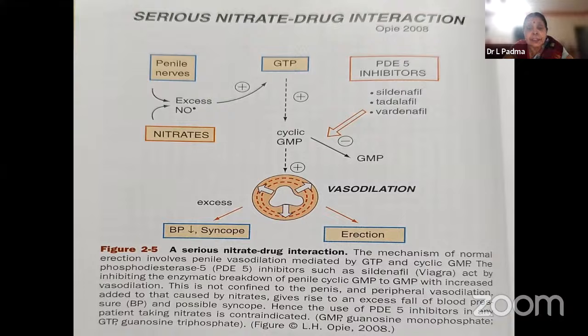I have depicted in this figure nitrates causing excess nitric oxide, and this can also act on these penile nerves, liberating GTP, then cyclic GMP. The same thing is with PDE inhibitors, which will inhibit the breakdown of cyclic GMP, causing a lot of vasodilatation.